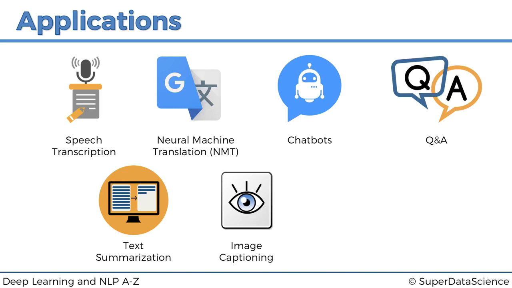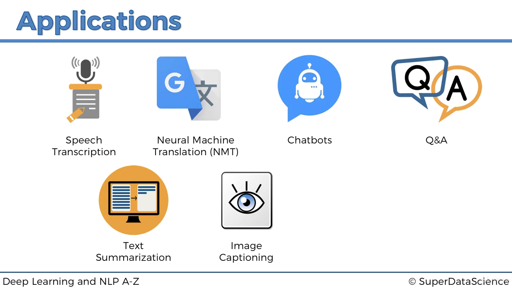Next one is image captioning, and it's a bit trickier to see how the models we're going to be creating or discussing can be used in image captioning, but it boils down to looking at an image and observing the dependencies in the image to create a caption. For instance, you have a dog jumping over a fence, a black dog jumping over a white fence.